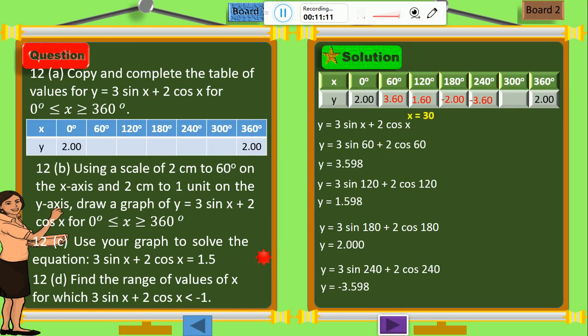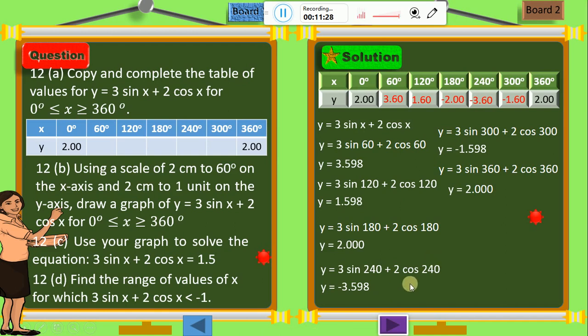Then finally x will be 300. Then y will give us minus 1.60. And then we confirm that the calculations are correct by calculating either 0 or 360 degrees, and now it's confirmed.